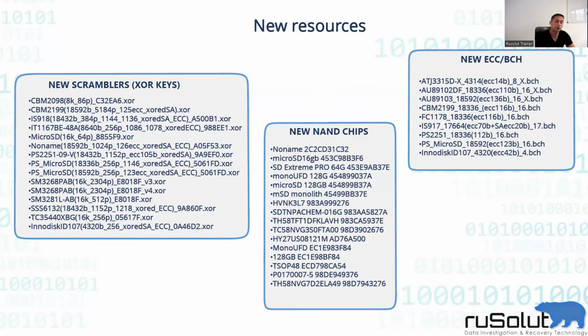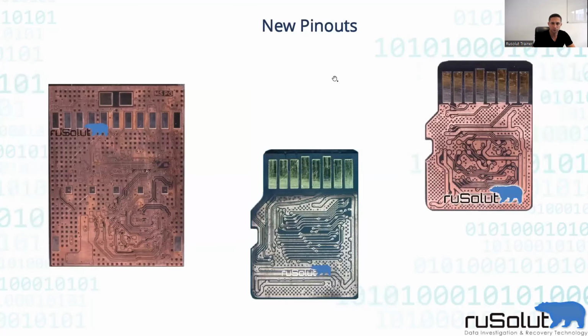Firstly, as with any update, we add some new resources: XOR keys, new NAND chips, and ECC codewords for the most modern, new chips that we didn't see before. So you get new resources and new pinouts.